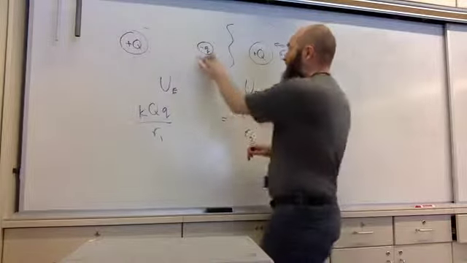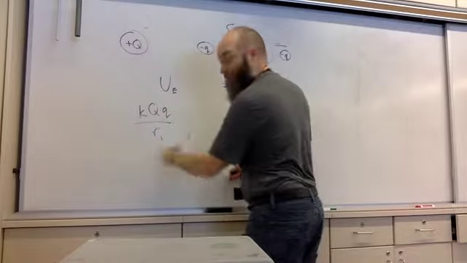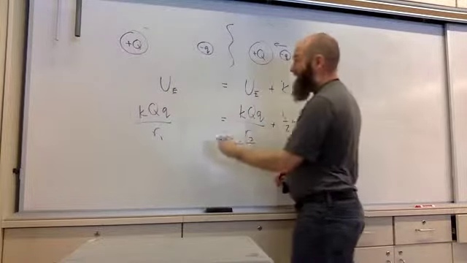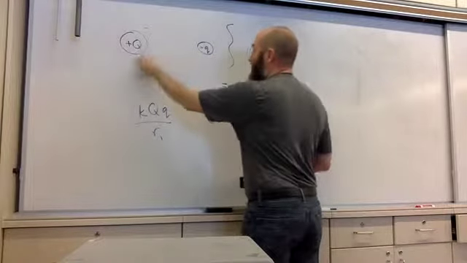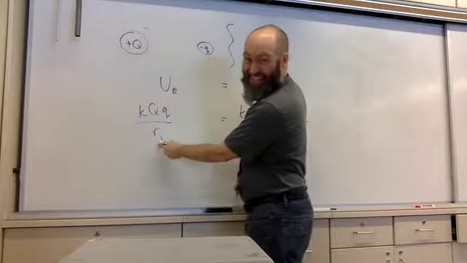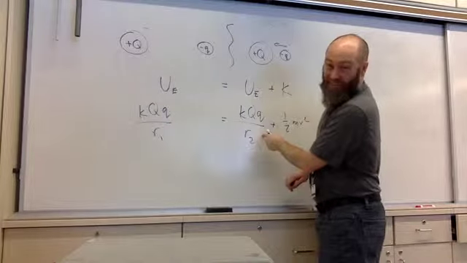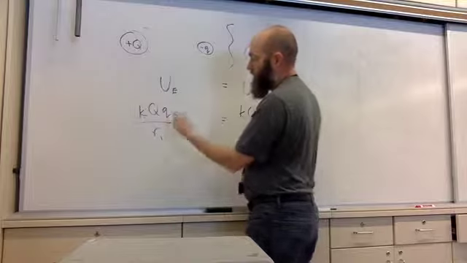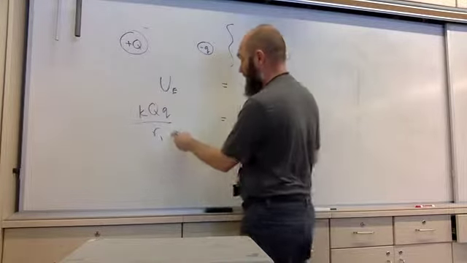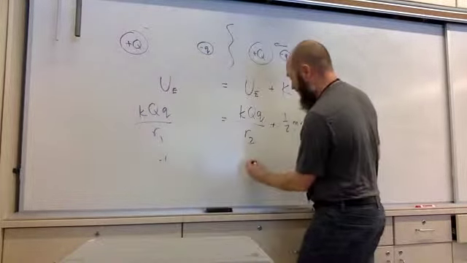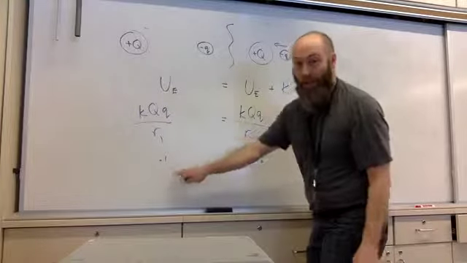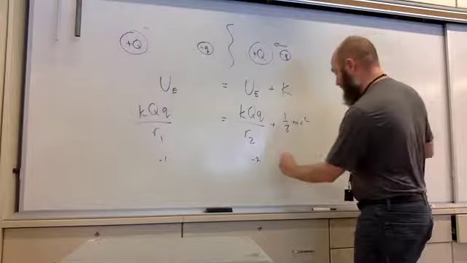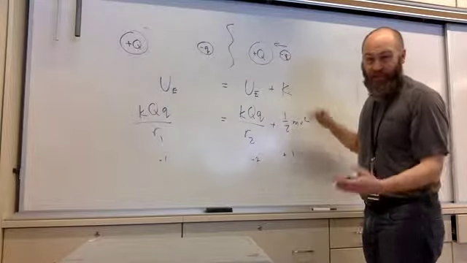Just keep in mind, if this number is negative and this number is negative, this would be a smaller negative number. Why? Because here, this would be a bigger negative number, like maybe -1, and this would be -2. So I have lost potential energy, which means this would have to be +1, so I gain kinetic energy.